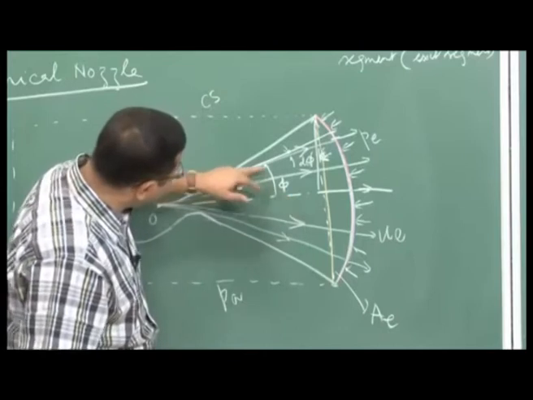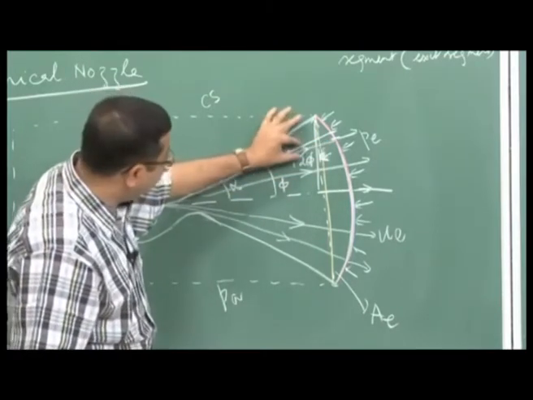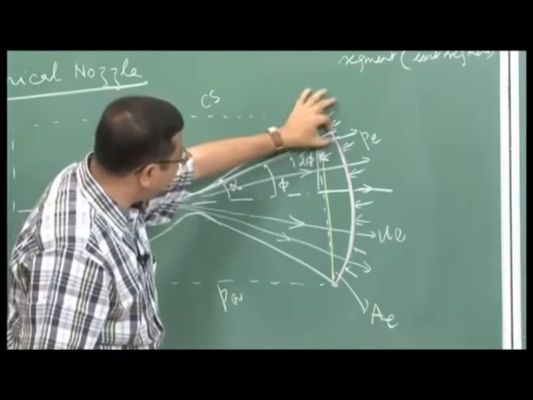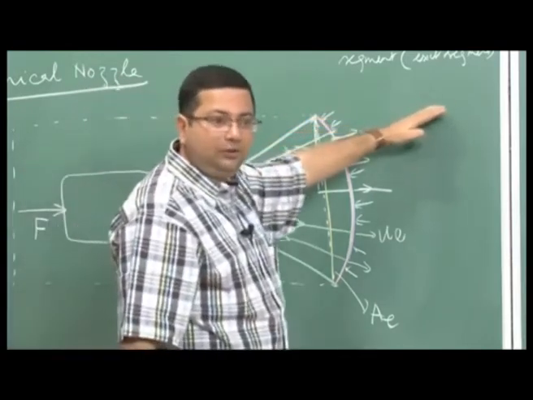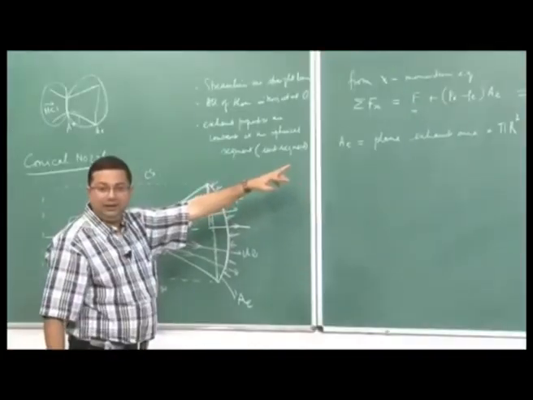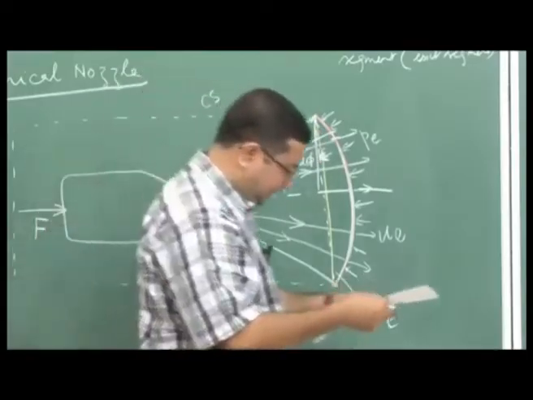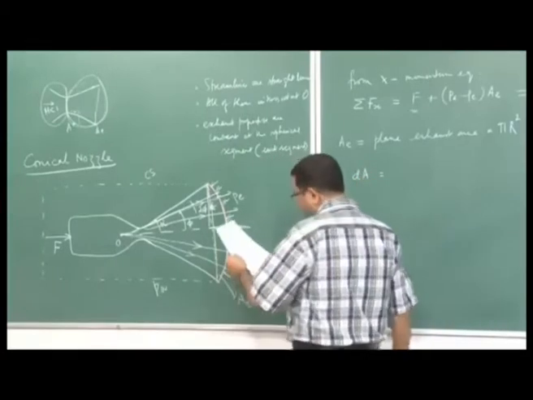So, from the axis to the initial segment here is phi, then the small included angle is d phi. We want to estimate this area, because this is the area normal to which the flow is going out. So, that is our dA. We want to estimate dA. For that, this is the geometry that we are considering.